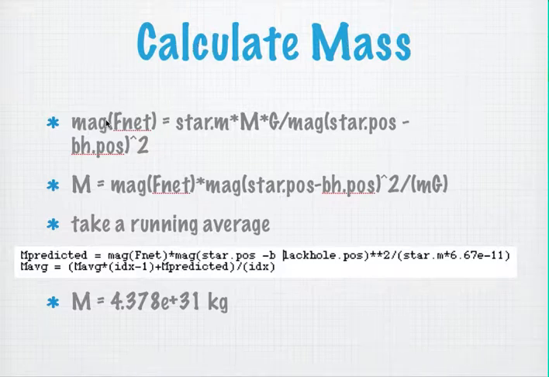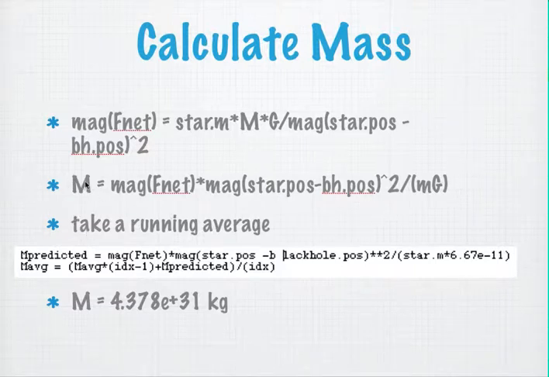So by Newton's universal law of gravitation, the magnitude of the gravitational force is the mass of the star times the mass of the black hole times the gravitational constant over the distance between them squared. And so you can rearrange this using algebra to find an expression for the mass of the black hole.